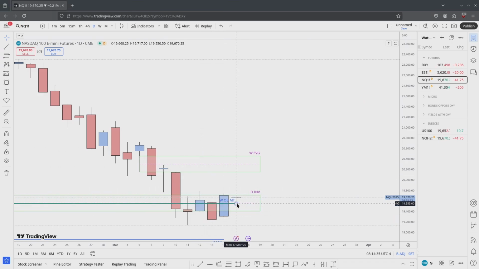We opened up, traded back down to the consequent encroachment, tapped into consequent encroachment. We've moved away from that level, and I'm expecting price to draw up higher, taking out this high of the 12th of March last week, Wednesday's high. I would expect this to get taken out, and then I would want to see price draw up higher.